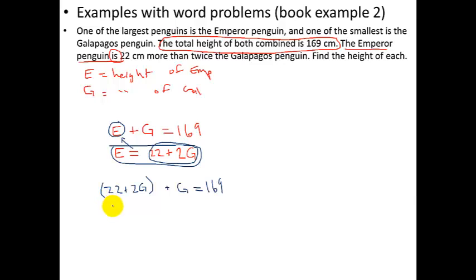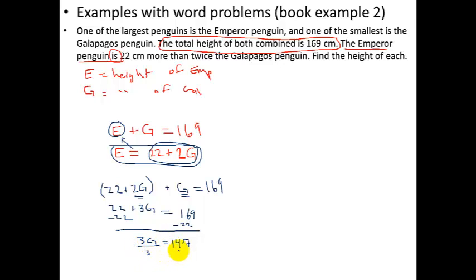Now I can just solve. So I have here 22 plus 3G, because it's good to combine all my G's together, right? Equals 169. Then I can subtract 22 from both sides. I have 3G equals 169 minus 22, which is 147.